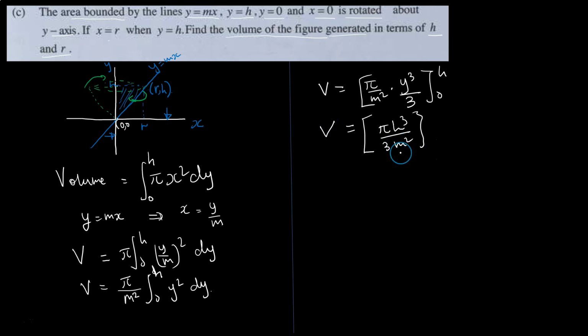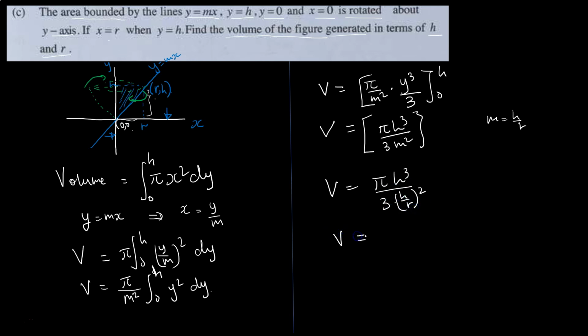This is not our final answer because we're asked to write in terms of h and r. So we know m is the gradient. Gradient is difference in y divided by difference in x. So that's h and that's r. So m is equal to h over r, and substitute that in. So volume is equal to pi h cubed over 3, and then we have h over r squared.